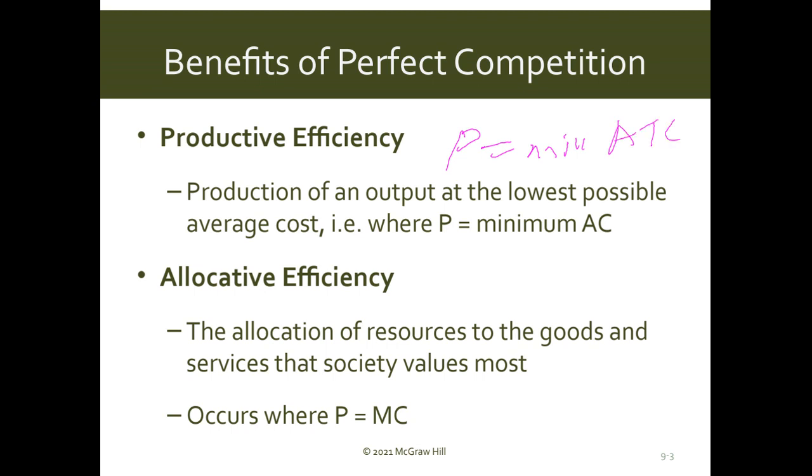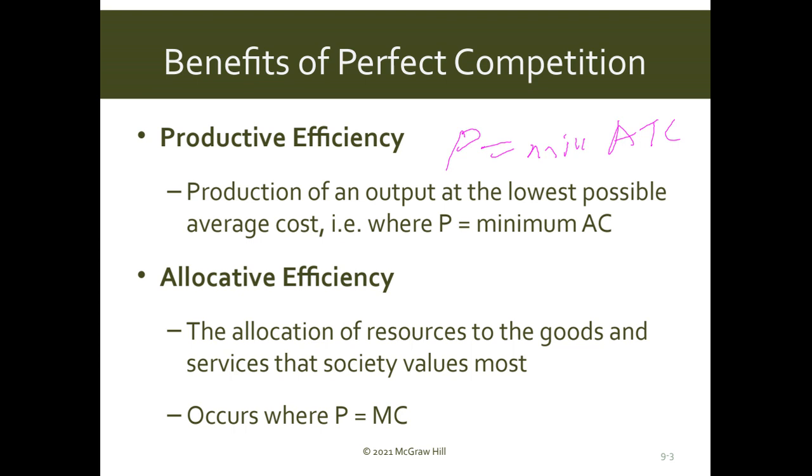Okay, and if you remember in chapter number 8, we did discuss this, that in the long run, because of the free entry and exit, each firm should be earning zero economic profit, and at the same time will be operating at the minimum average total cost.